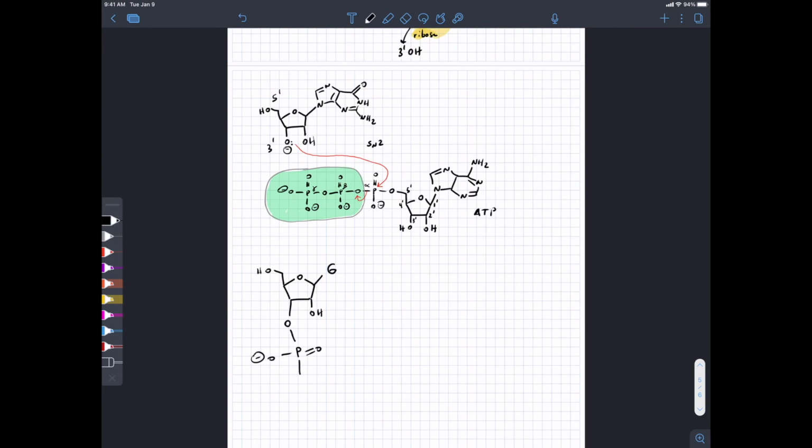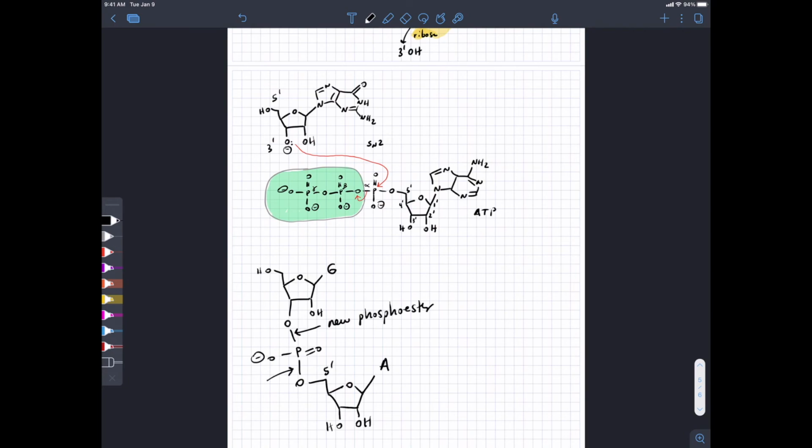And that phosphorus itself is going to be bonded to another oxygen, in fact, the 5' oxygen of the next ribose ring. And then this is the A base. Now, we've replaced the unstable phosphoanhydride bond with a new phosphoester.